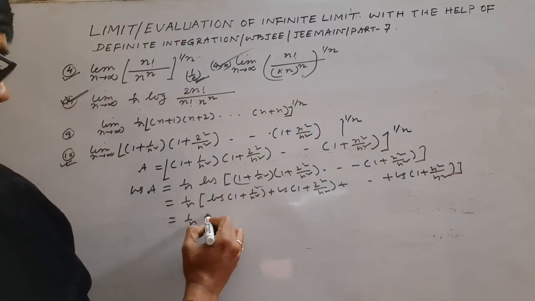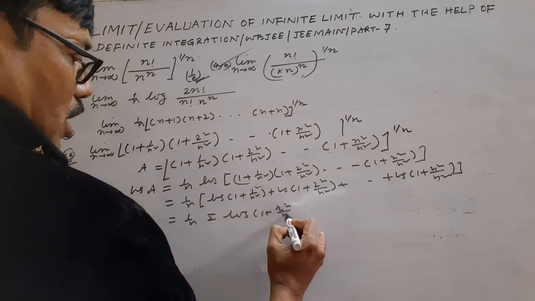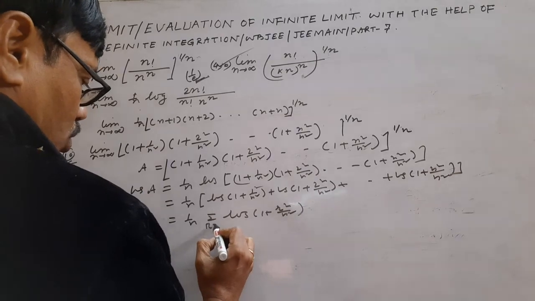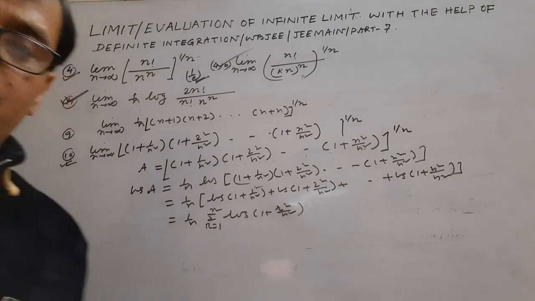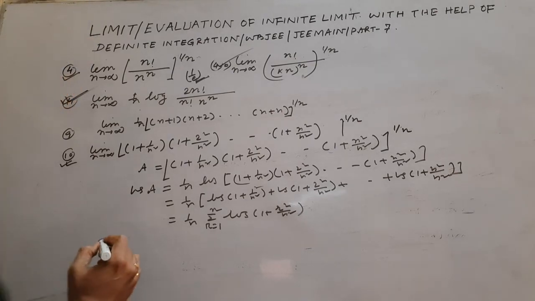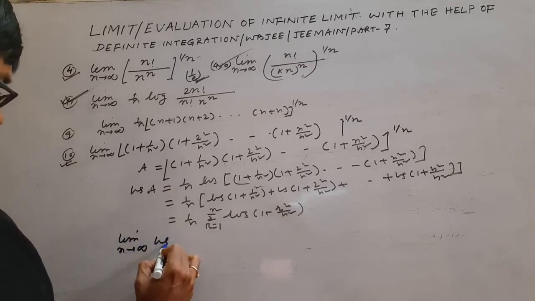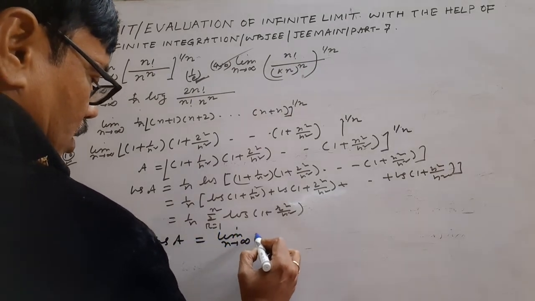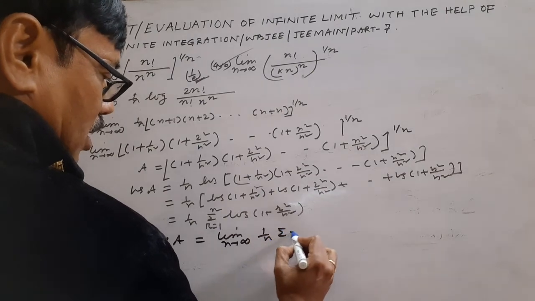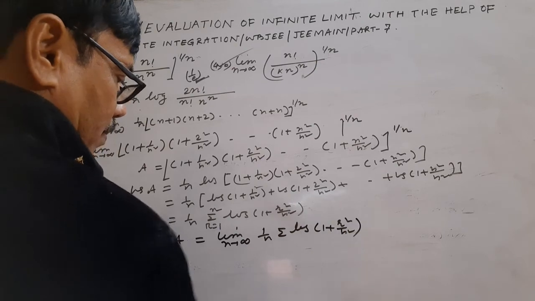Now express it in terms of a sum. Log 1 plus r square by n square, r equals 1 to n. Now to get the formula, we have to take the limit on both sides as n tends to infinity. Limit n tends to infinity of log A equals limit n tends to infinity of 1 by n summation log 1 plus r square by n square.